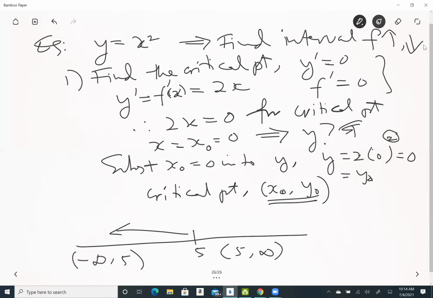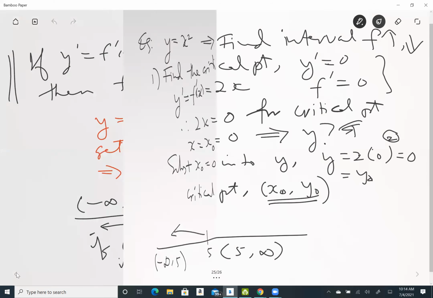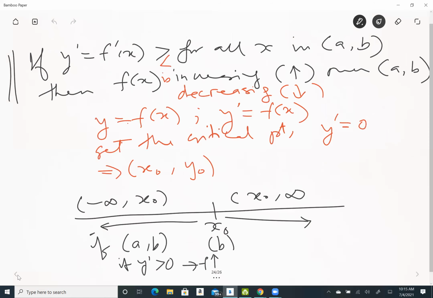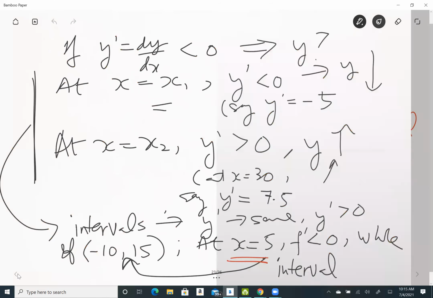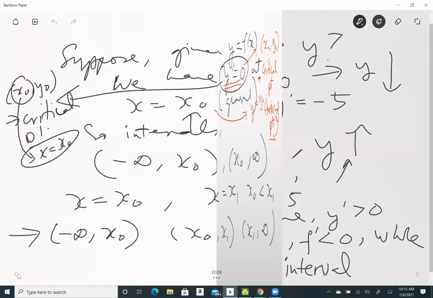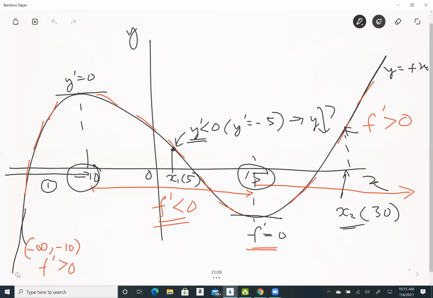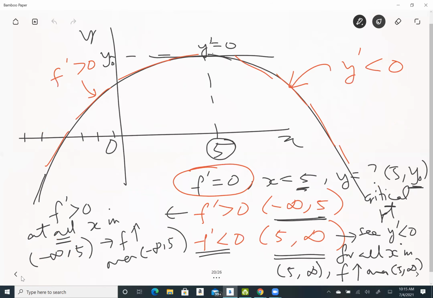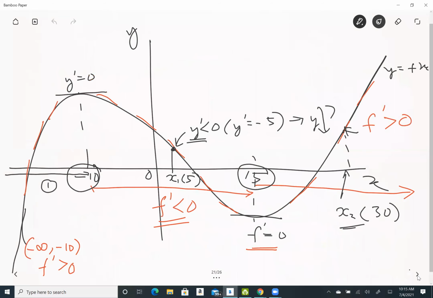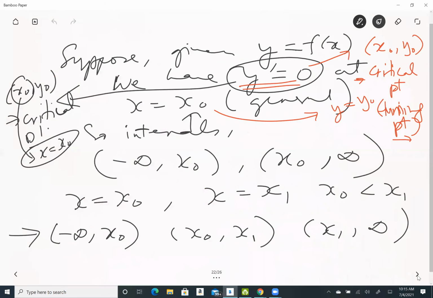So 2 intervals. Now if you look at the critical points, did we look at it last time? If you have 2 critical points, you have 3 intervals. If you have 4, you have 5. Did we cover that one? Over this example last time, you have 3 intervals.